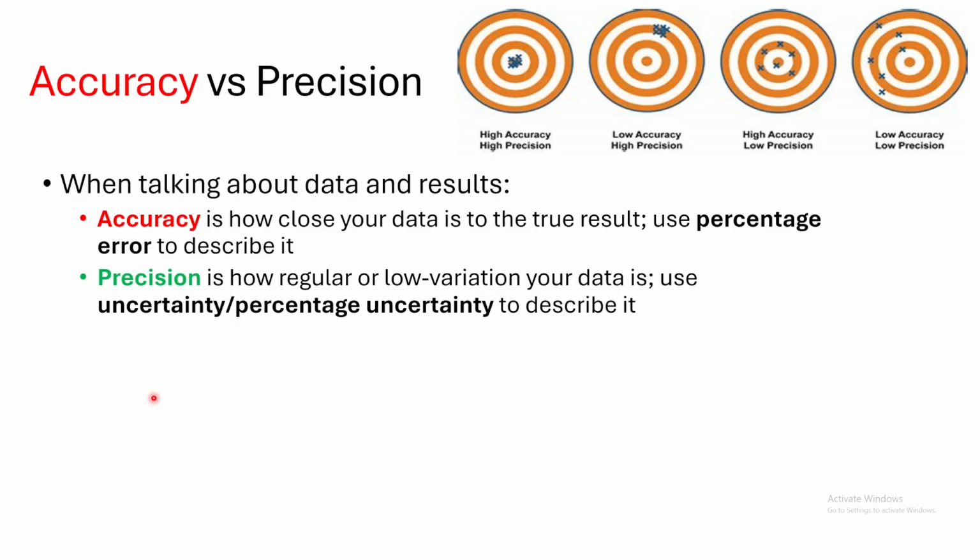I'm sure you've seen something like this before, with the targets and the bunch of dots or arrows around it. So accuracy is how close your data is to the true result, and you need to use percentage error to describe it. Your percentage error is essentially how far off your data is relative to the true value.